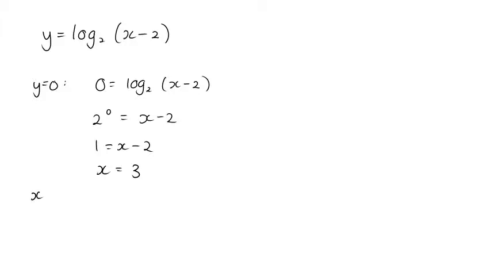Okay, and then to find the y-intercept, we make x equals 0, same as always. Y equals log base 2 of 0 minus 2, so just negative 2. What would that one be? So you can take the 2 to the y equals negative 2.